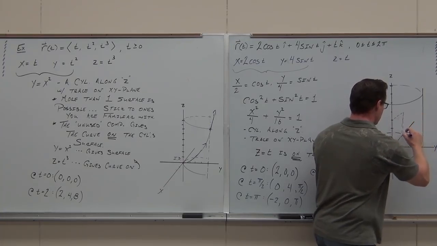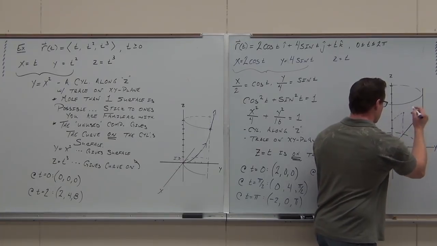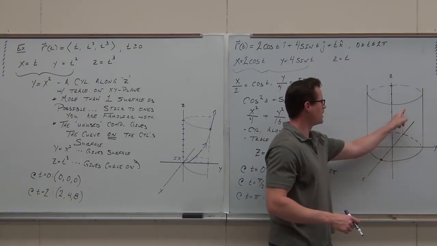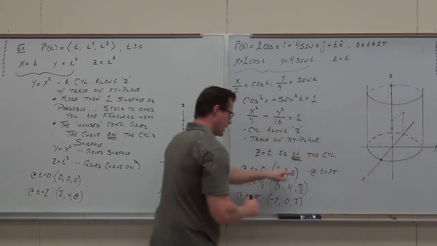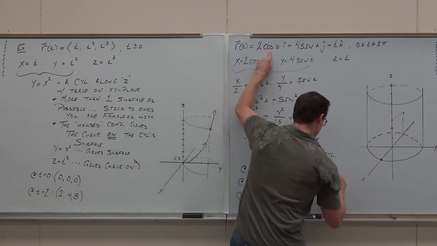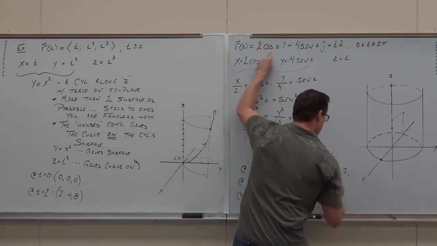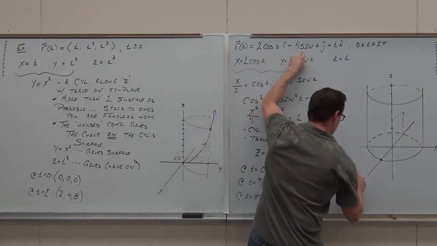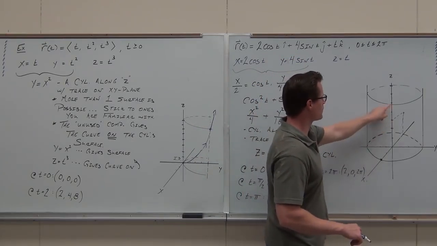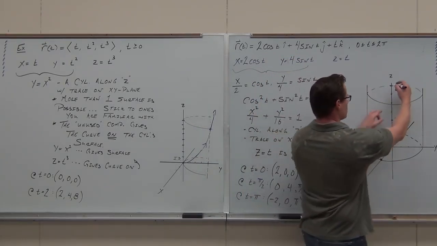So I'm going to come up here, hit here, travel around, and then at 2 pi, I've got 2, 0, 2 pi.